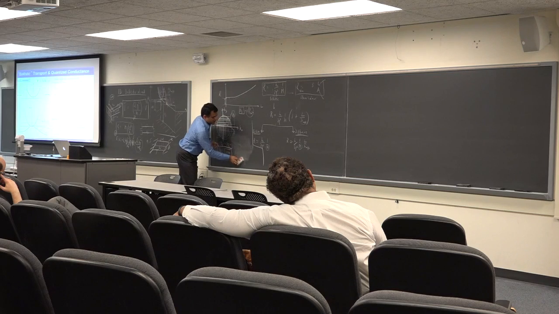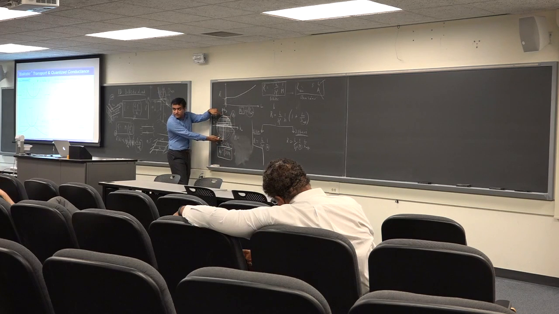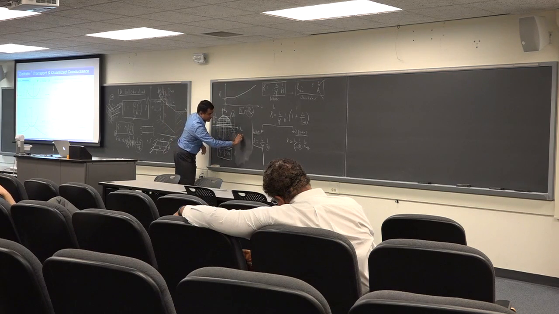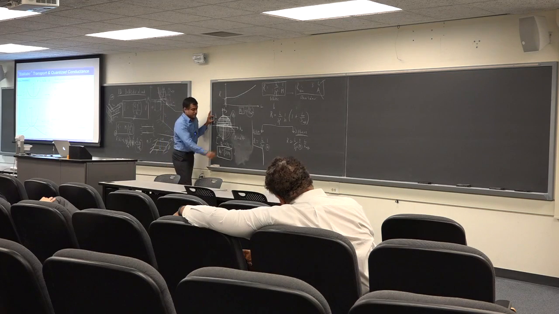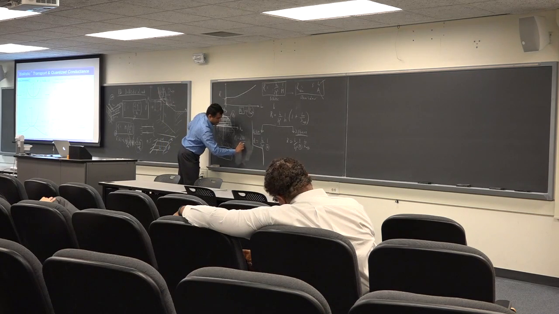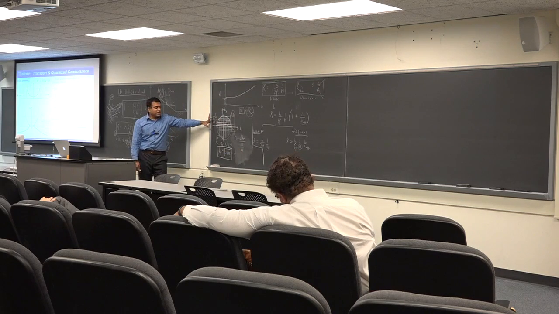For the 2D case, the M becomes, what is this length? It's 2 times kf, right? 2 times the Fermi wave vector, divided by 2 pi by w. So that's the number of modes for this. As you can see, it may not be an exact integer, right?